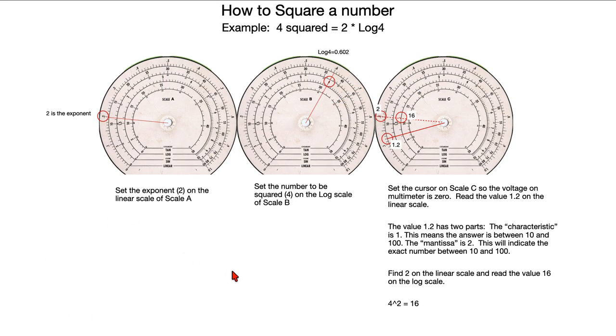If you want to square a number, it's a little more involved, but it does it. So 4 squared, you can calculate that by saying 2 times the log of 4.